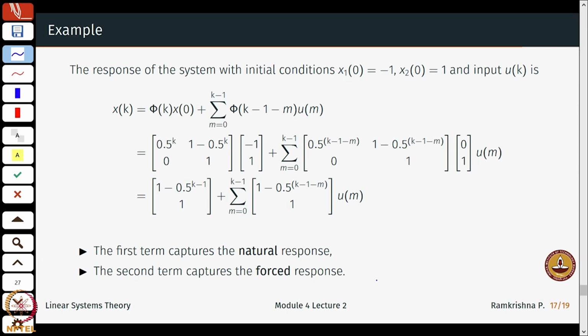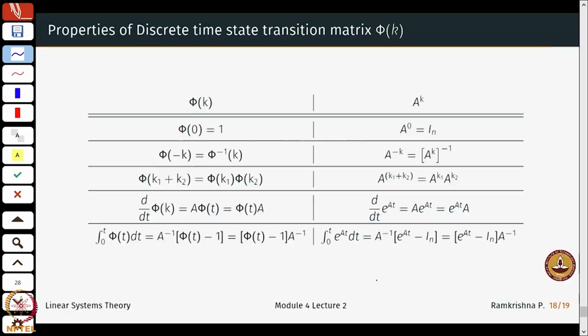Okay. So, I will again leave these computations, and the properties of the state transition matrix here are again easy to verify, very similar to what we had earlier. So, this is easy to verify, this is easy to verify, and so on. Of course, these come from the continuous time case.